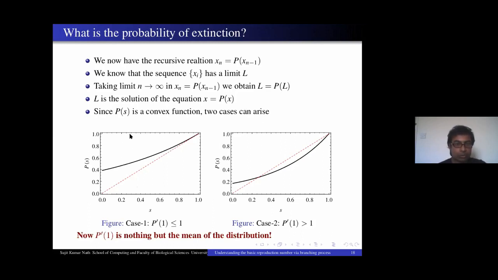Now P(s) is a convex function because it has all derivatives greater than or equal to 0, right? And if I consider the s equal to x line, the 45-degree angle straight line, since P(s) is a convex function, two things can happen.